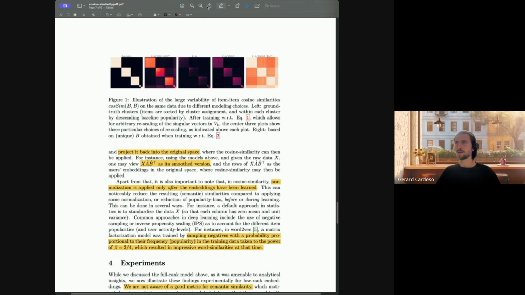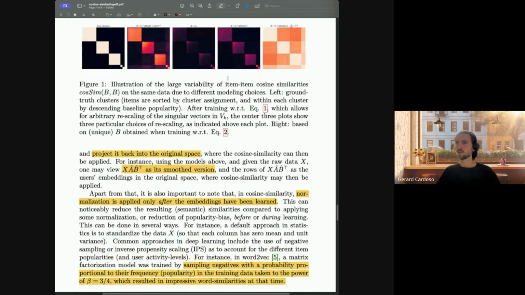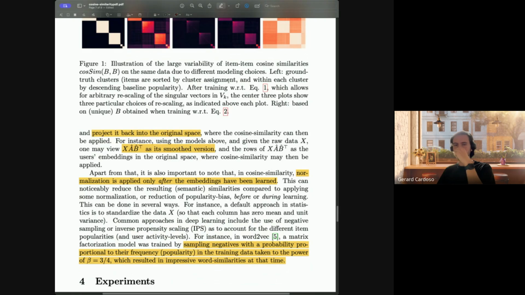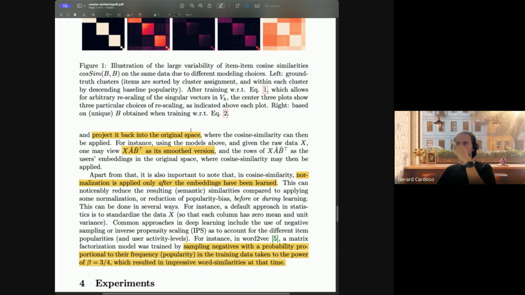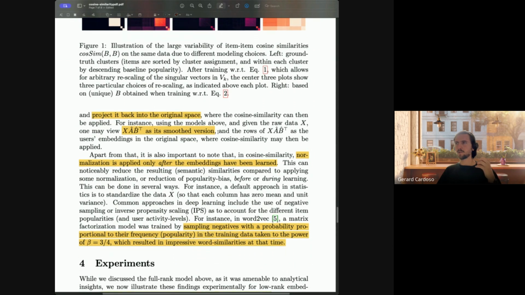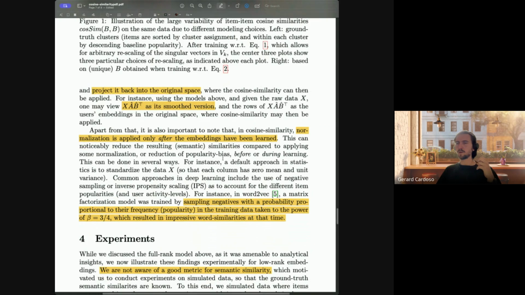They mention a few things you could do: instead of doing cosine similarity on the embeddings, you can project the embeddings back into the original space, or think about normalization at different points of the training.